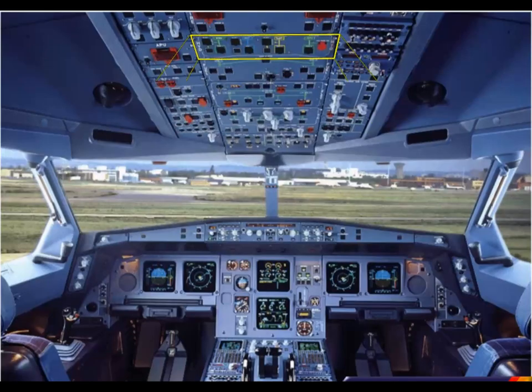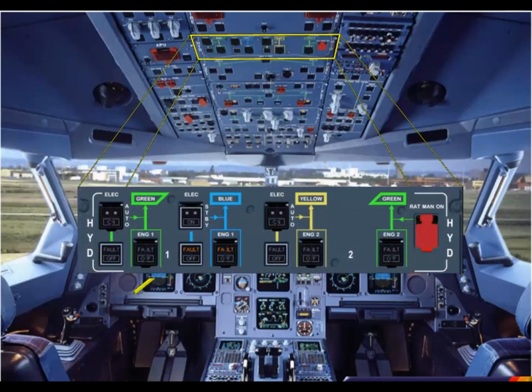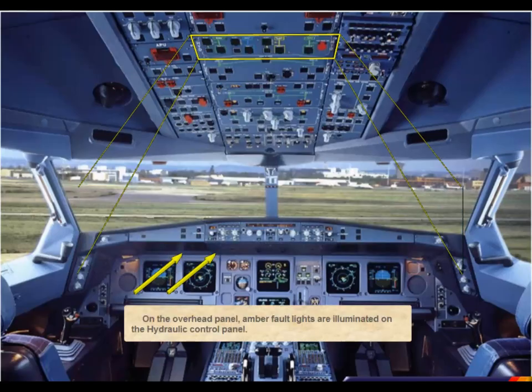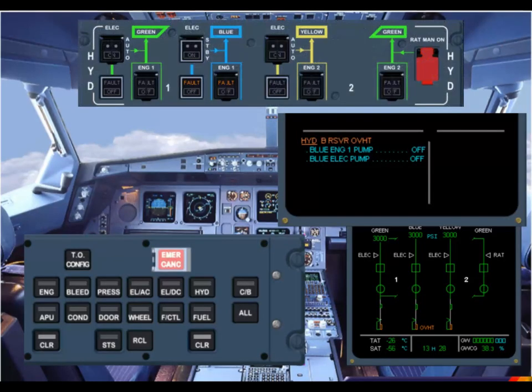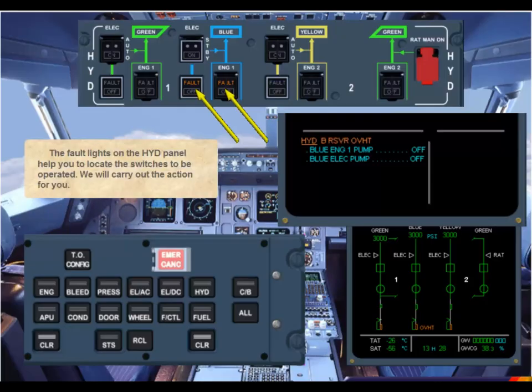On the overhead panel, amber fault lights are illuminated on the hydraulic control panel. The fault lights on the hydraulic panel help you to locate the switches to be operated. We will carry out the action for you.